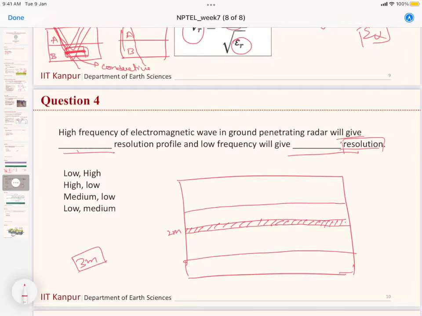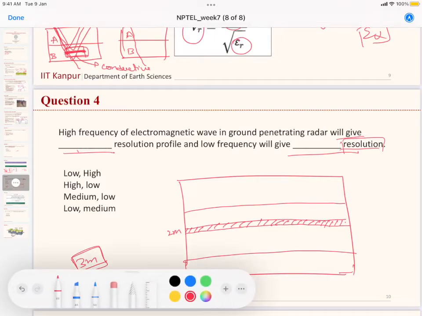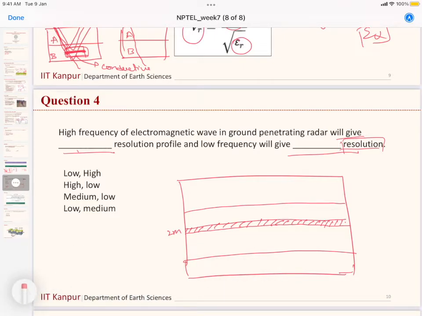So after the survey, if I am using an instrument that has a resolution of 3 meters, the profile I will get of the subsurface would be like this. After processing the data that I've acquired, the image I'll see on my screen would show one layer similar to here.